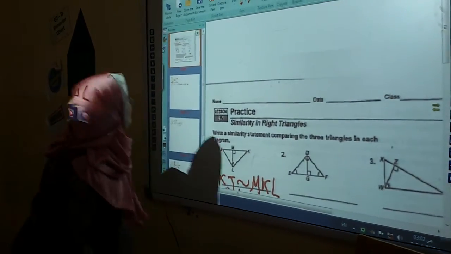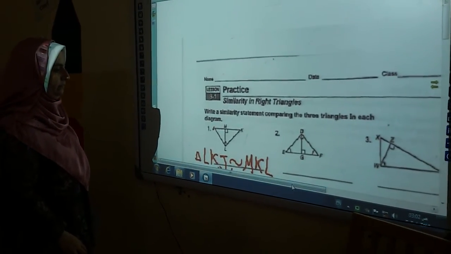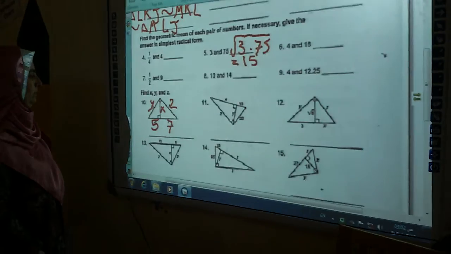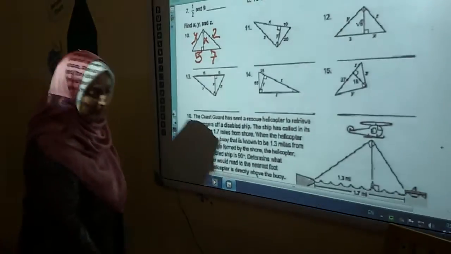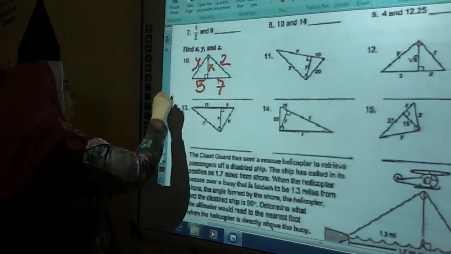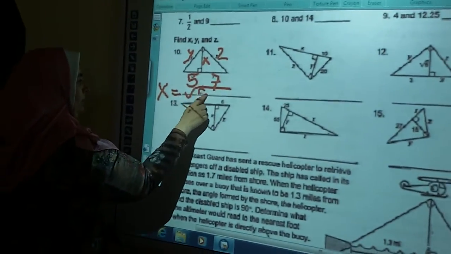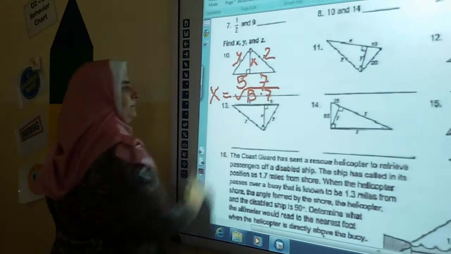Here, if I want the x, I want to get the two parts, so x equals the square root of 5 times 7.